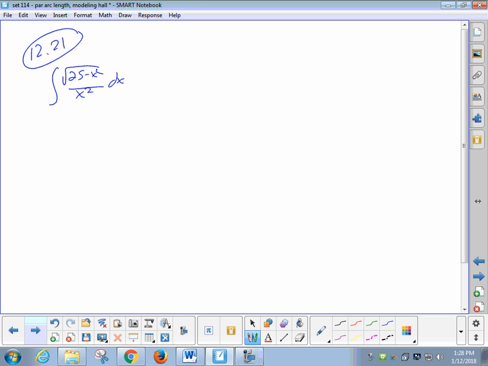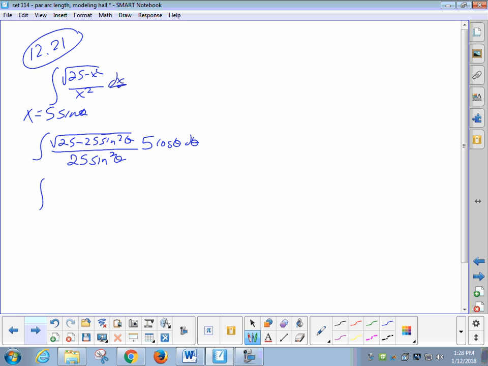Okay, so x equals 5 sine theta. All right. So remember, you're not just subbing in the squares, you're subbing everywhere. So x squared is 25 sine squared. dx is 5 cosine theta. Okay, so far so good.